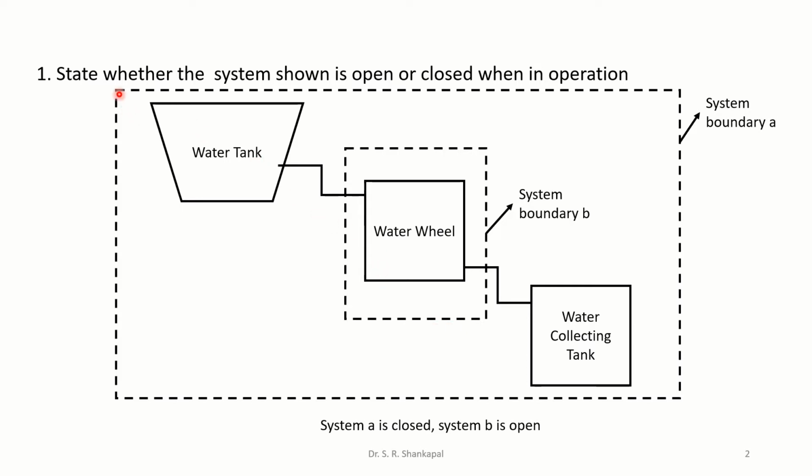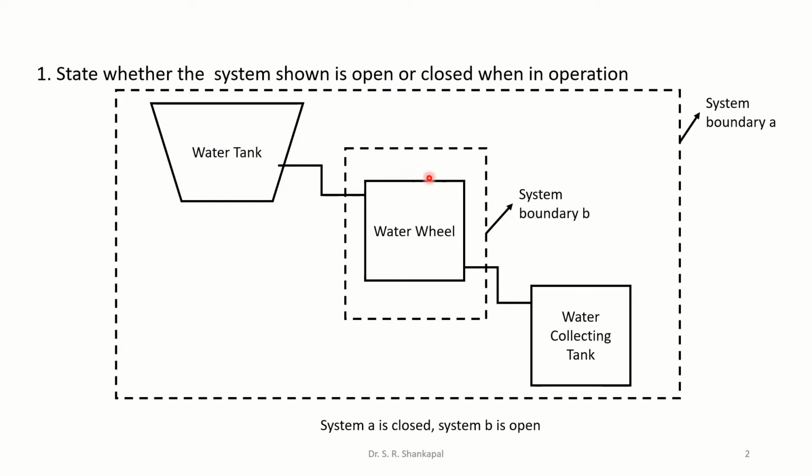So if you consider this as a system, into the system no mass is entering nor leaving. If you put a shaft, we can definitely get the work here. So you can call this system a closed system.